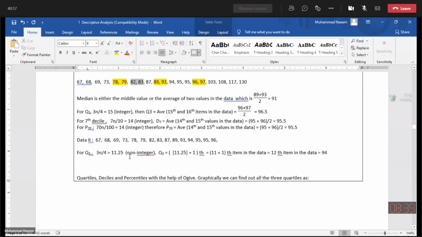In this case, this ratio is now non-integer. So apply bracket function to this non-integer value plus 1. This will be the position for Q3. We get the position at 12. So 12th item, not the value 12. Q3 is not equal to 12. This is just indicating the position of the value. So 12th item in the data is our third quartile.